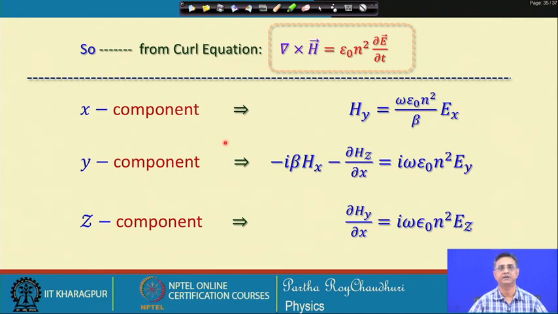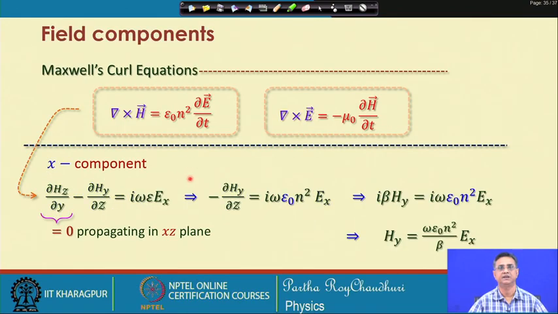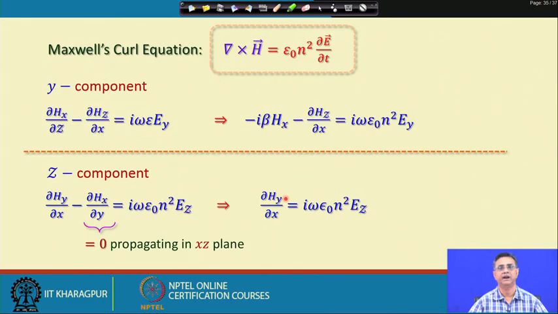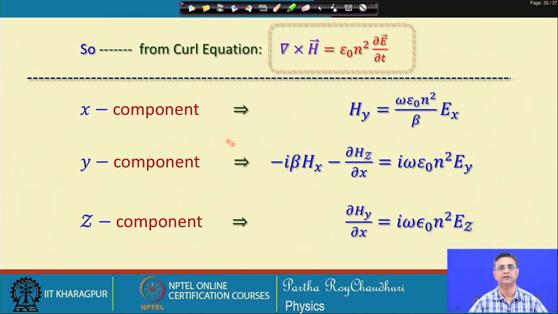So, if we summarize all the three equations, that is this one and this one, put together, the x component of the field gives you the connection between E x and H y, the y component of the field connects H x, H z to E y, and for the z component you have a connection between H y and E z.